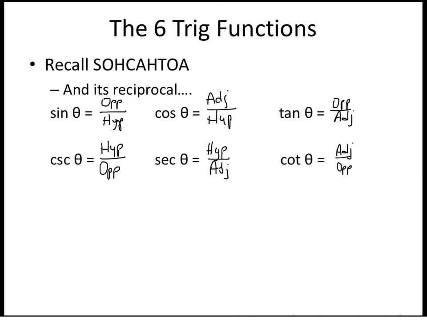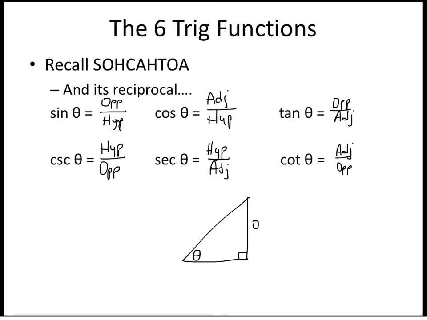Now, by now we've given you a couple different ways to calculate sine, cosine, and tangent and the reciprocal functions. They're all built off of this whole concept that we have a right triangle, we have an angle theta, and we're trying to calculate a ratio between two sides, okay?